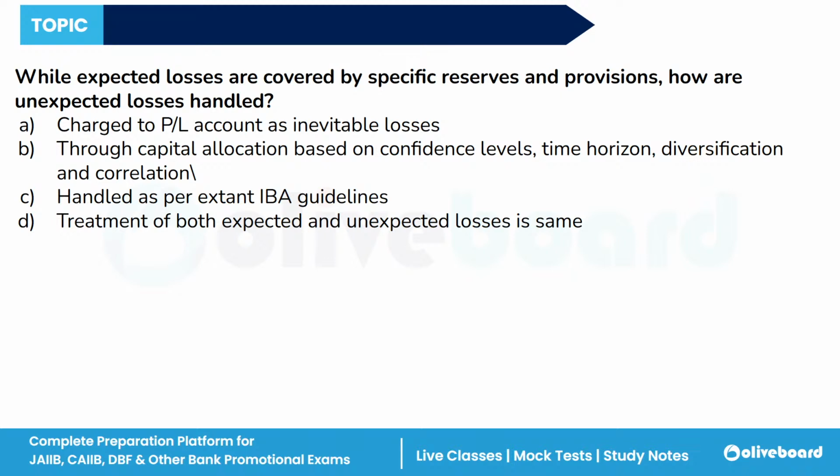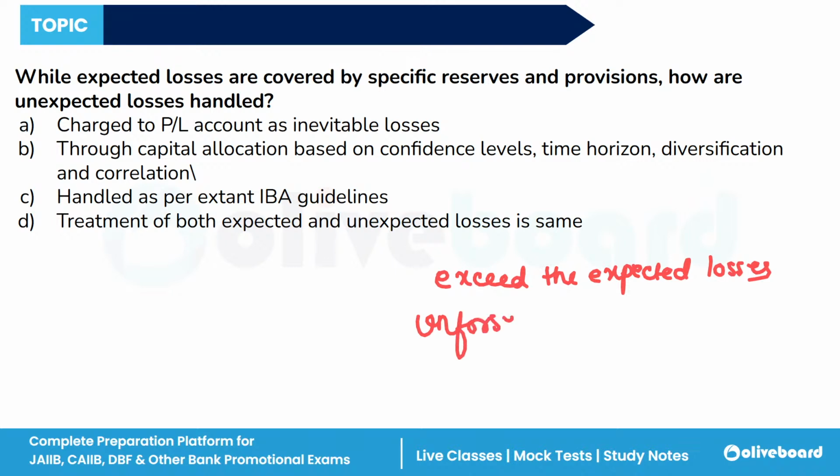Unexpected losses, in the context of banking and credit risk management, refer to the losses that exceed the expected losses due to some unforeseen circumstances. Also, unexpected loss is a measure of the amount of economic capital required to support the bank's financial risk.